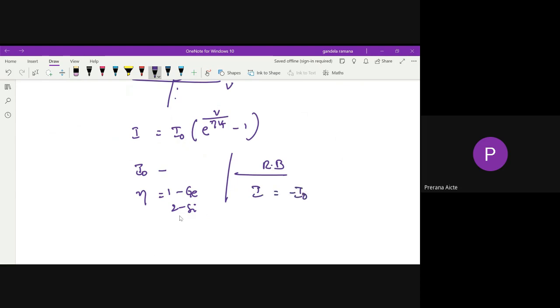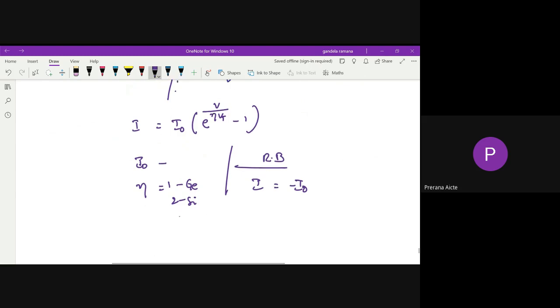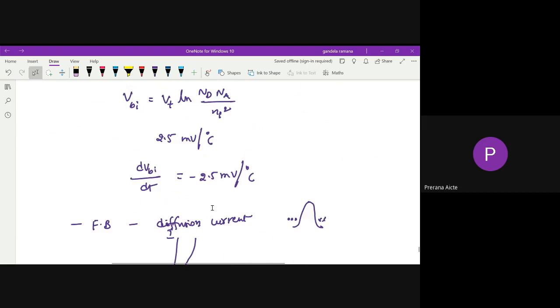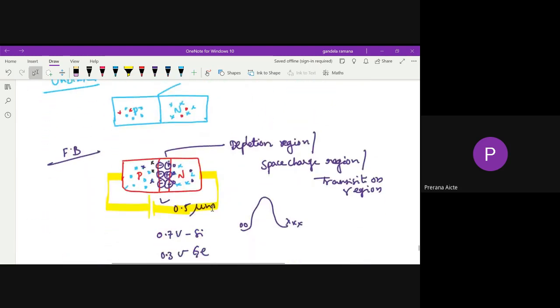Finally, in forward bias, what do we observe?